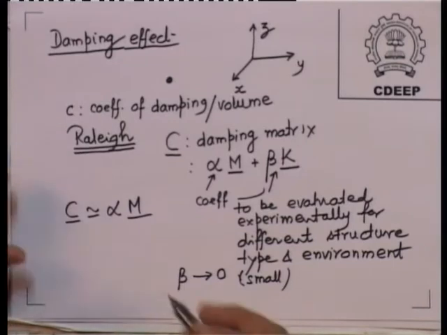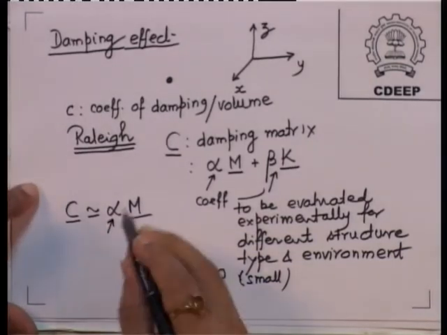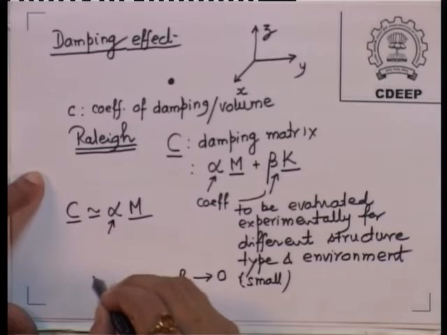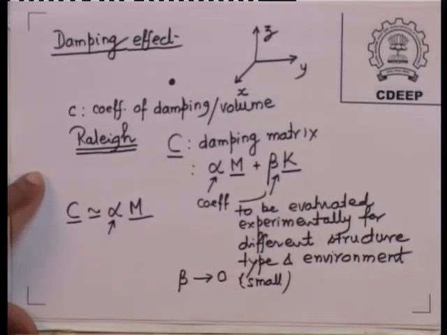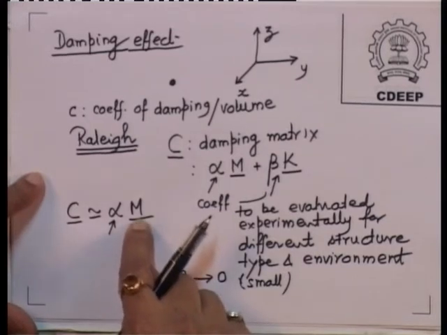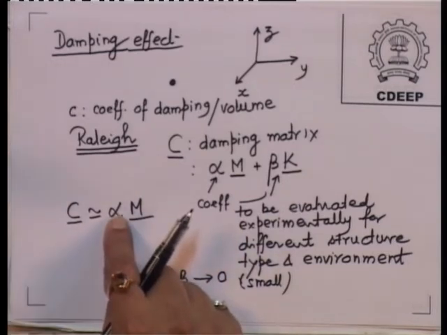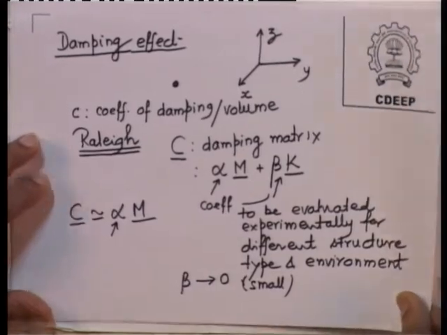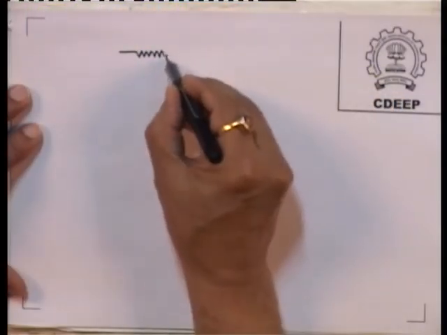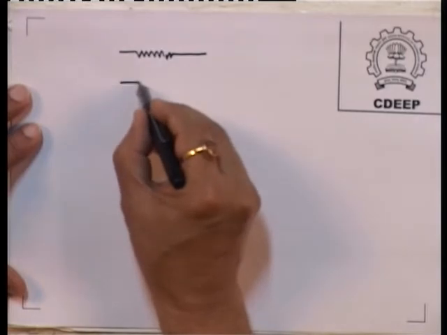So if beta is small, then C is approximated simply as alpha times M. Alpha is tabulated and known; these coefficients are experimentally evaluated. So the form of C will be the same as that of M, except that there will be one coefficient alpha, nothing else.